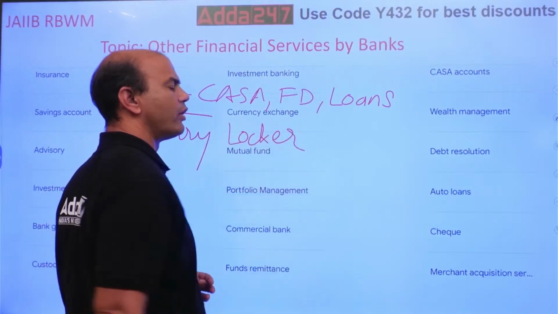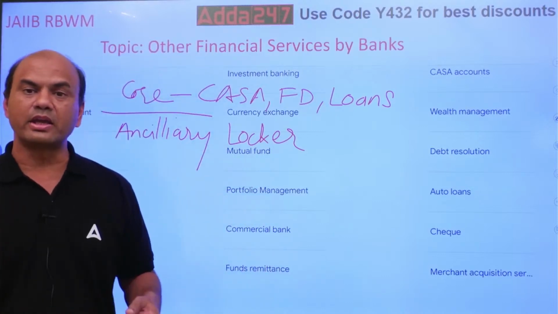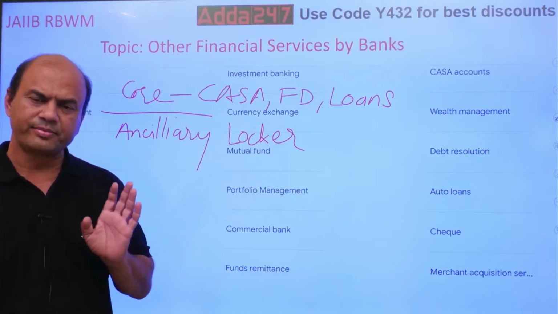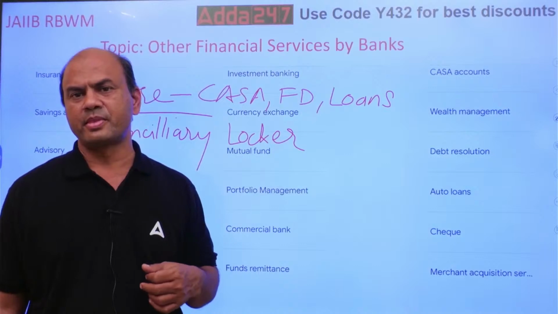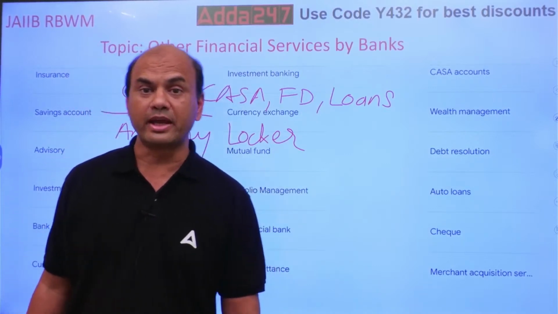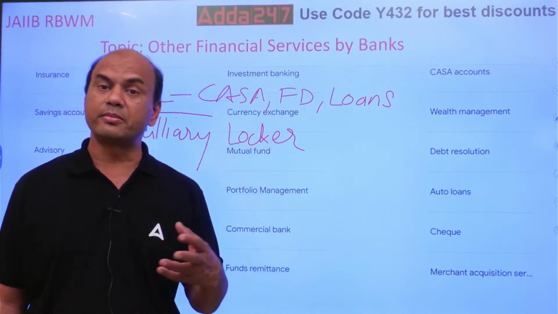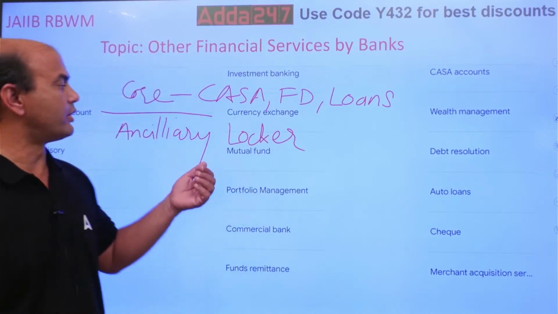How can you discriminate whether any service is core banking or ancillary? Just think: if tomorrow the locker service stops, will the bank be closed? Will the bread and butter of the bank be closed? No, right? This is how you will understand.